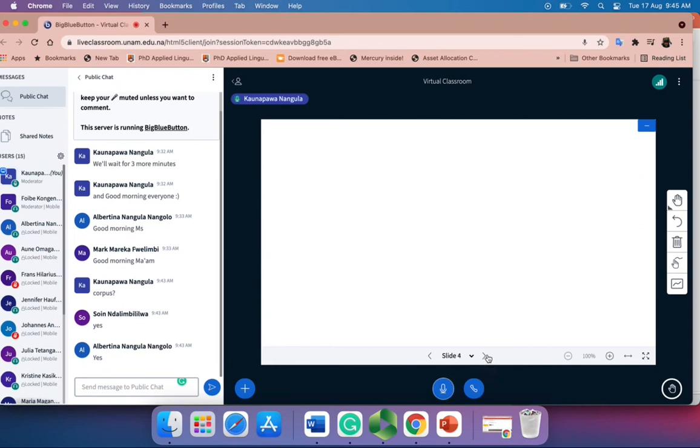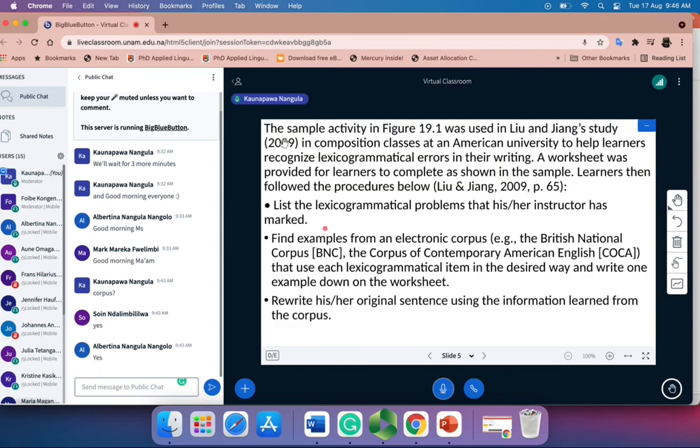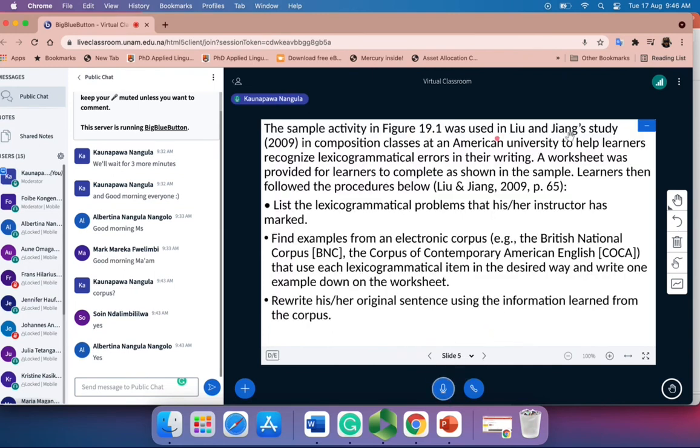And then here we have an example, but then I'll explain it in the next slide. This is a sample of a corpus-based lexical error worksheet, and they have used it in their study. So what is this about? So a sample activity in 19 is the one that we just saw now. 19.1 was used by these guys in their study in a composition class. So it has the writing class in an American university to help learners recognize lexical grammatical errors in their own writing.